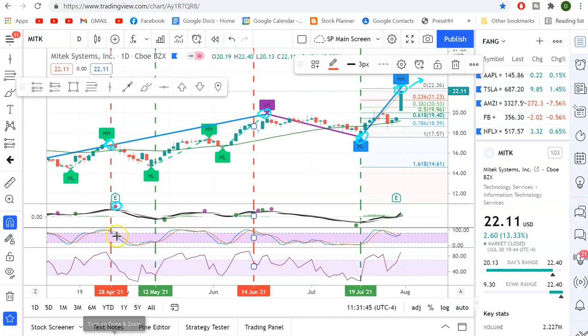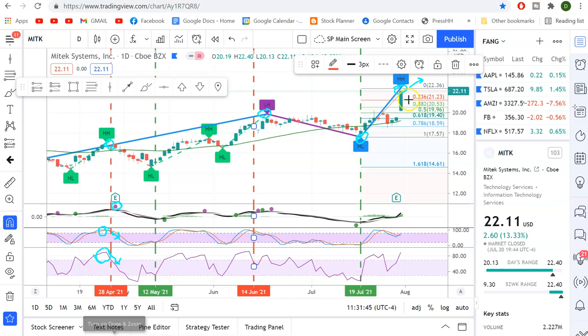And likewise, the stochastic RSI, when it goes above the 80, and comes back around, that's what I'm looking for. And I'm looking for the MACD to be above or below the zero line, and I love to look at when it's way above. I love that. Those are the three indicators I use, and so we're looking at MITK on a daily time frame.